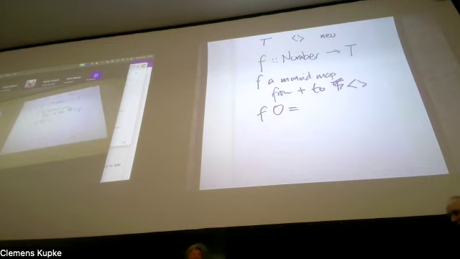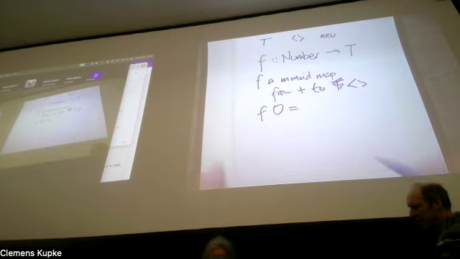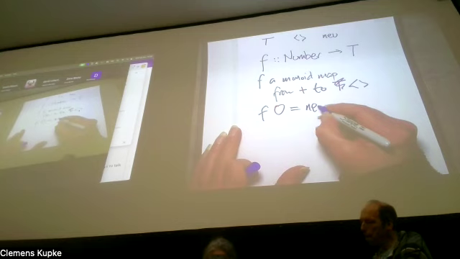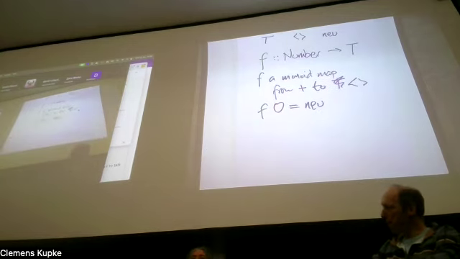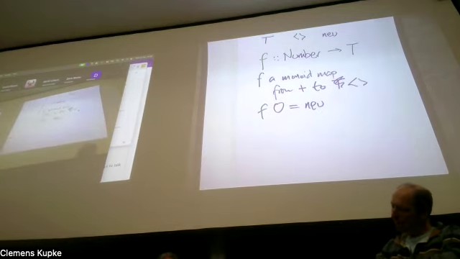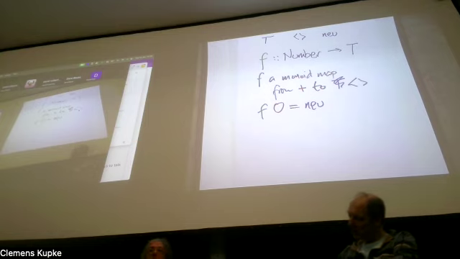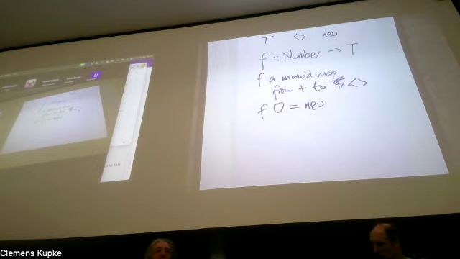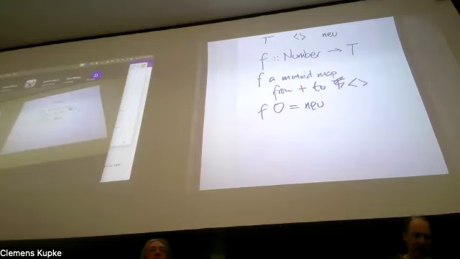Otherwise, we break the rules. So we've got the base case of a definition.